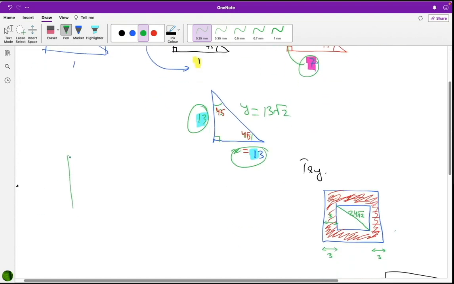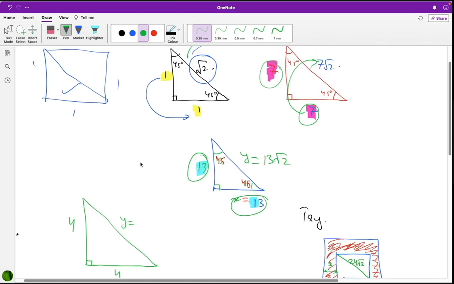Another try. If this is, whenever I want my diagram to be perfect, that is the time it slides away. If I say that this is 4, 4, what would be y? It would be... Don't use Pythagoras theorem, just compare.